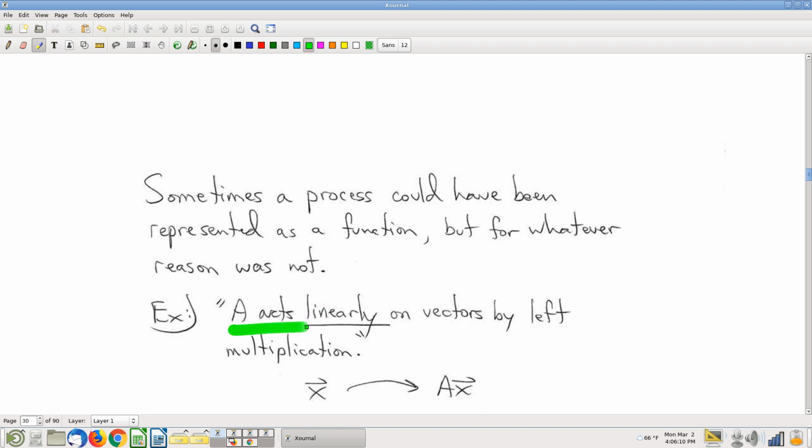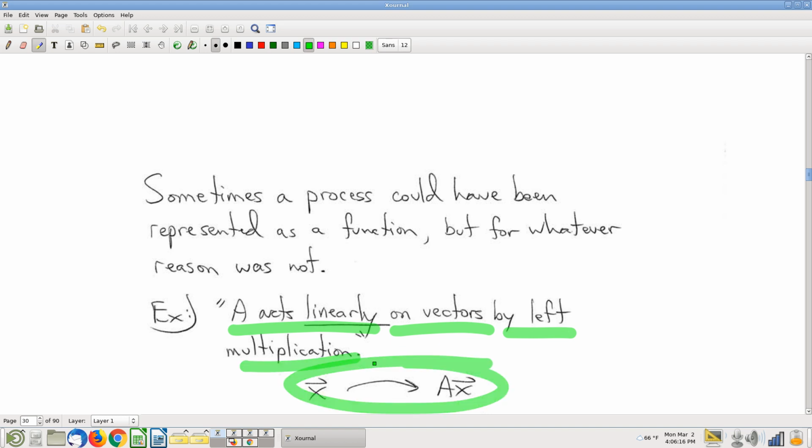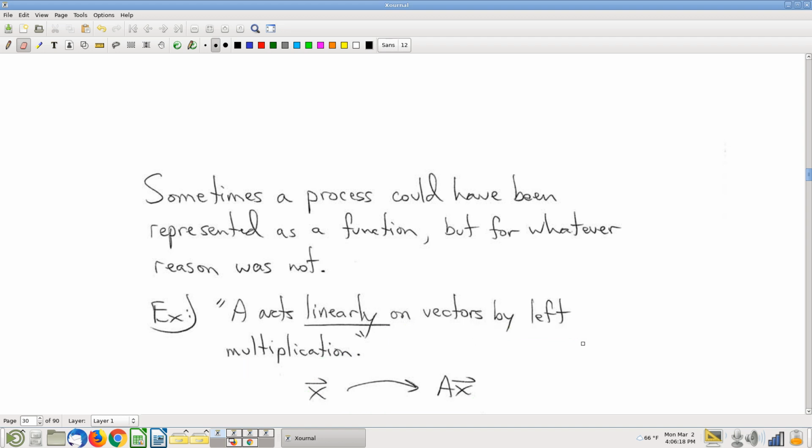A matrix acts linearly on vectors by left multiplication. Like so. Now, here's how you're supposed to interpret this phrase. First of all, notice the word linearly here. When you see that word linear, what you should do is a two-step process.